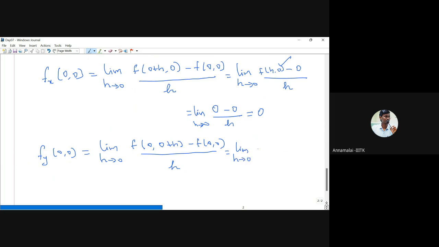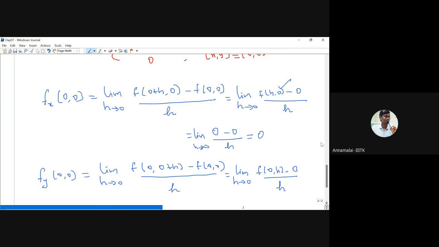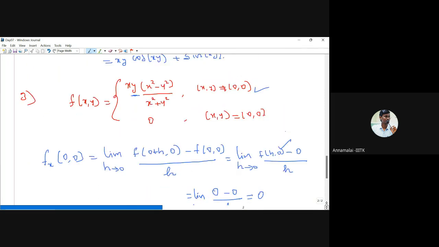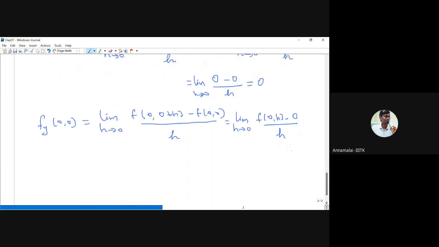So this is f(0, h) minus f(0, 0), which is 0, by h. Again here x equals 0, y is h, but again x is in the multiplication, so x into y is automatically 0, and 0 minus 0 is 0. So even if you take the limit, we get 0. Therefore, f is differentiable at the point (0, 0).